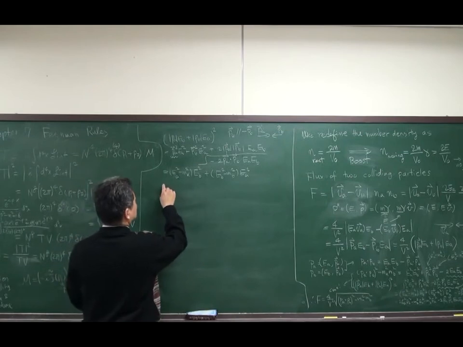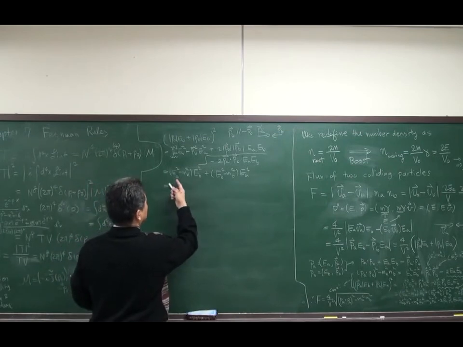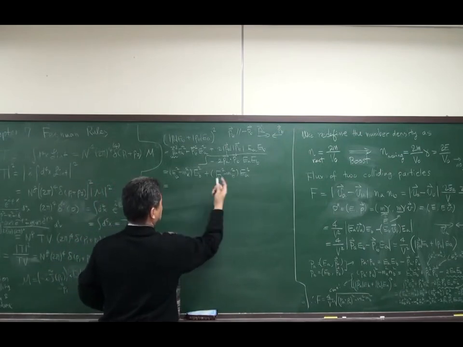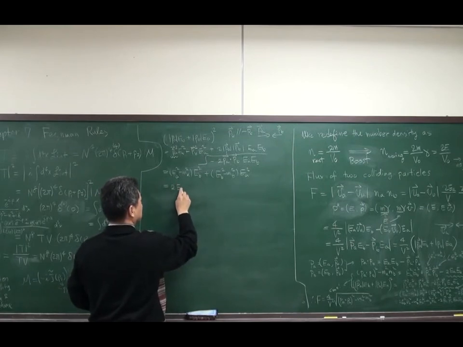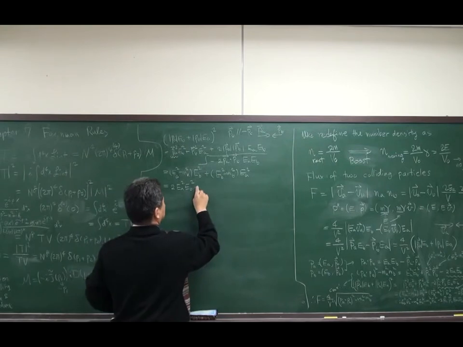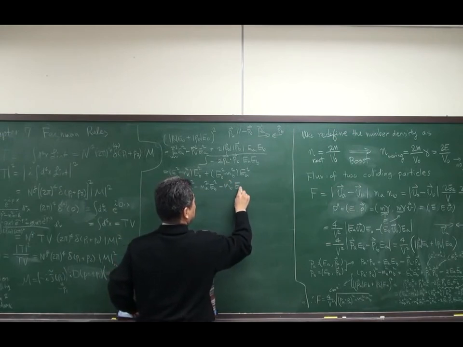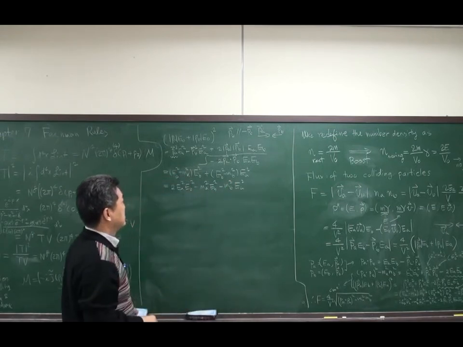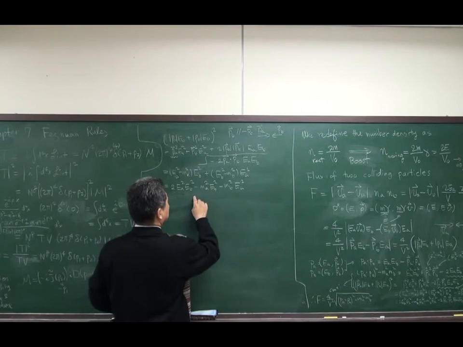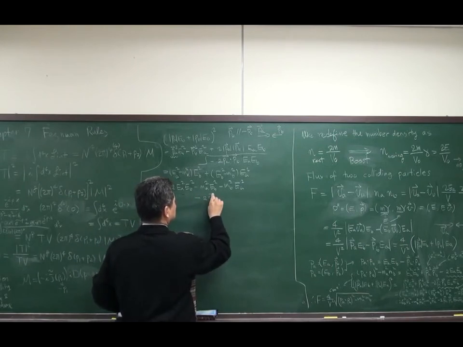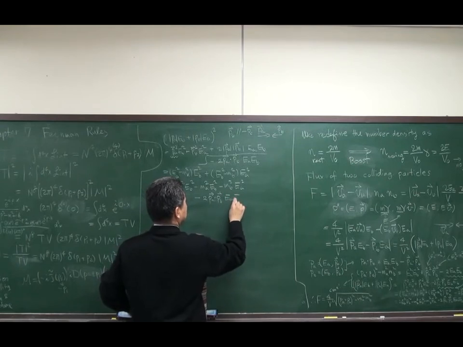So we expand everything, then EA squared EB squared, EB squared EA squared. So we have 2 times EA squared EB squared, and minus MA squared EB squared, minus MB squared EA squared, right?